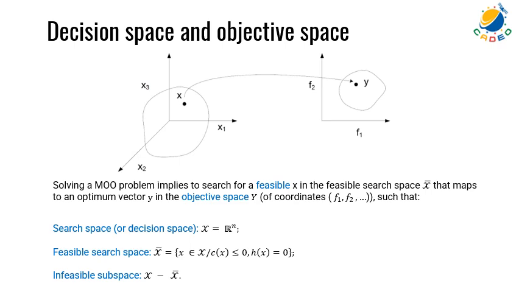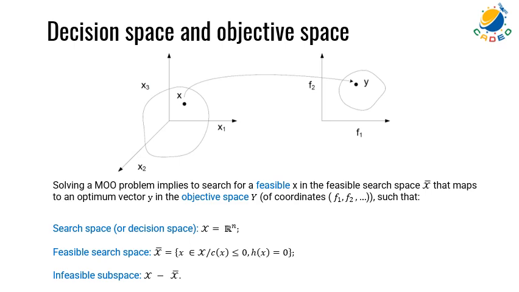But of course, not everything in X is going to fit the bill. We have what's called the infeasible subspace, denoted by X minus X bar, which contains solutions that are impossible, that are infeasible.